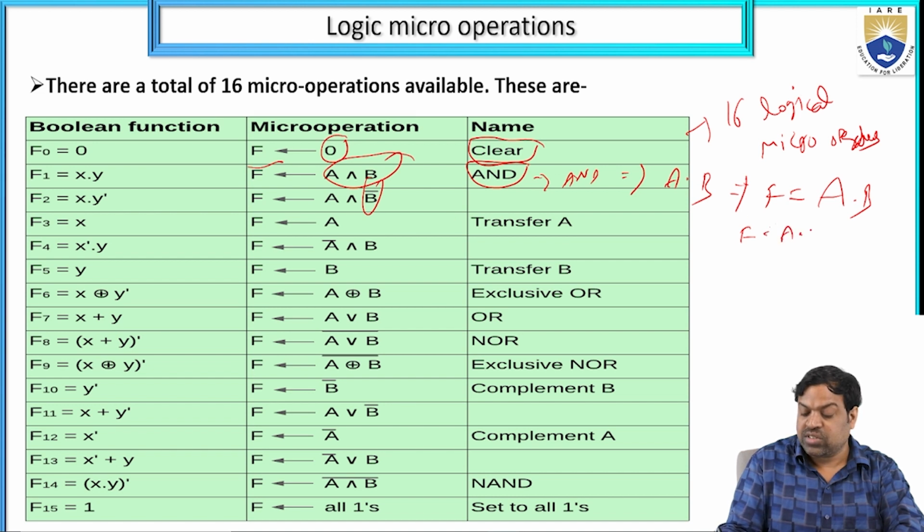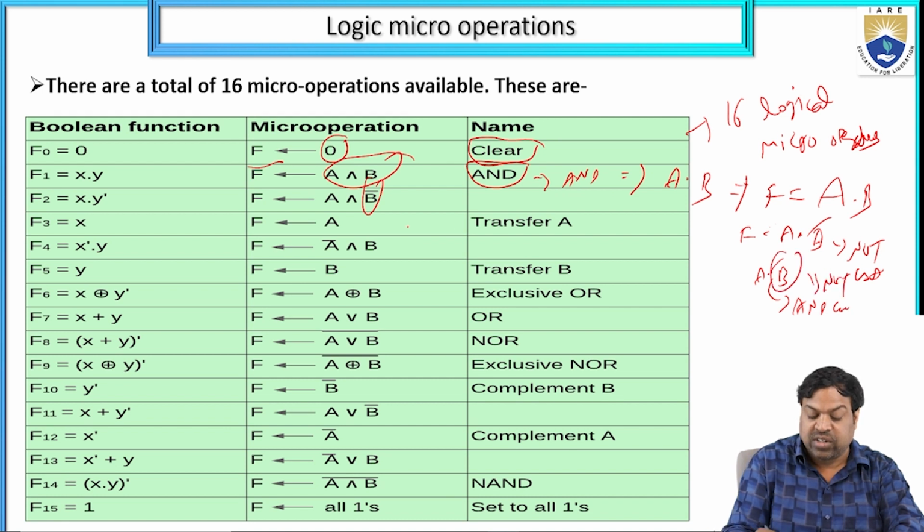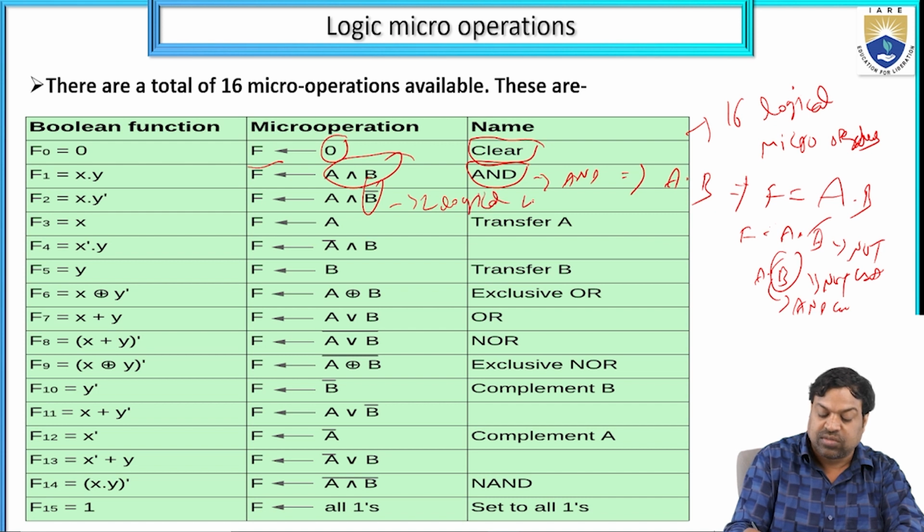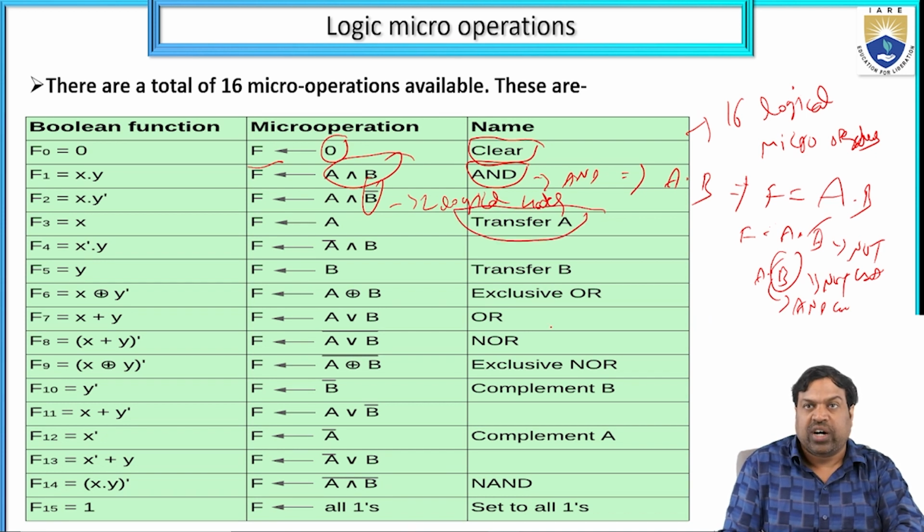A into B bar: B bar is nothing but a NOT gate, that is a complement. So how many logic gates are performing here? A into B bar means an AND gate, and B bar means I am using a NOT gate, so two logic gates are used. Here F ← A means the data of A is transferred to another register.